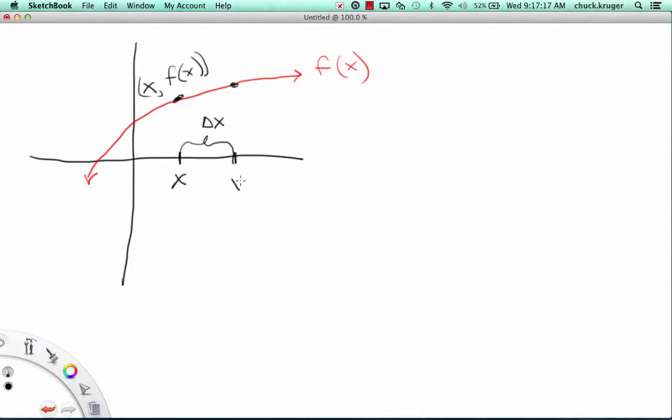So this right here is going to be x plus delta x. And again, as I move the point in this direction, this delta x is going to get smaller. So it's going to be the limit as delta x approaches 0. And this point right here, I'm going to call x plus delta x comma f of x plus delta x. So it's very much like the c, except I don't know what c is.